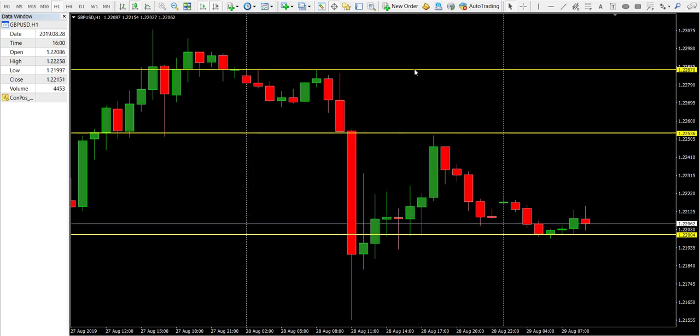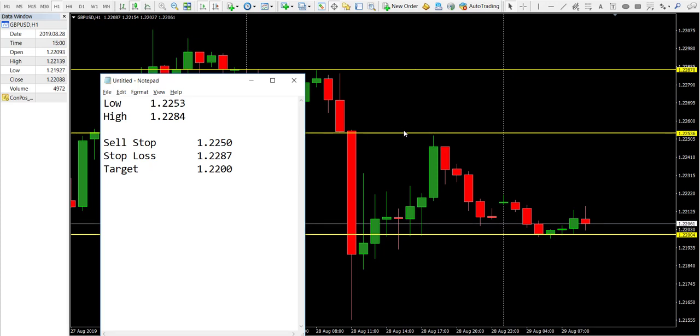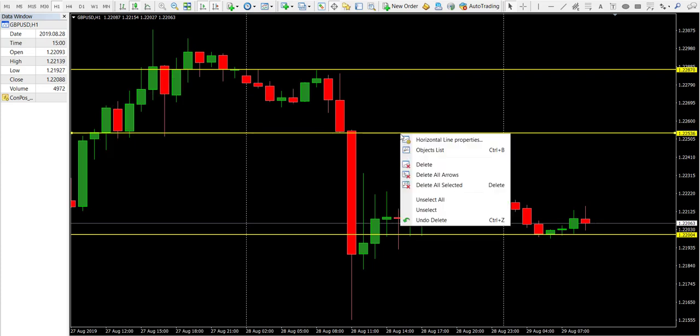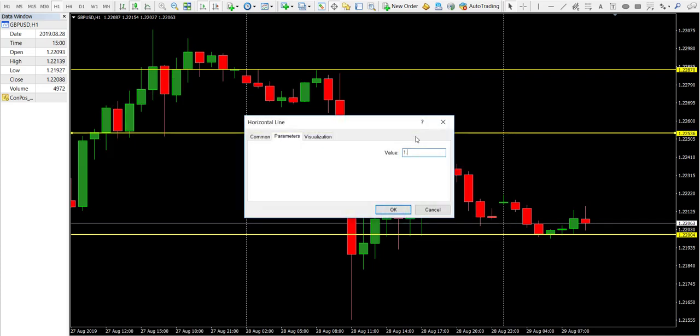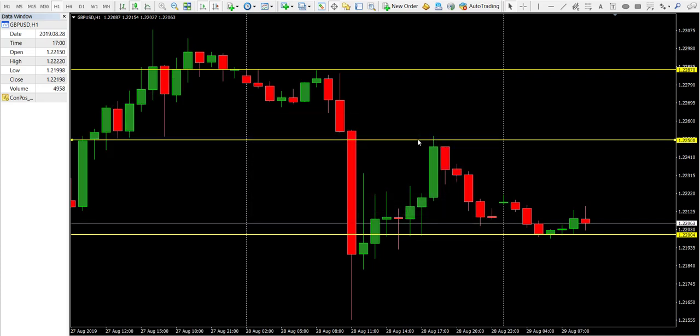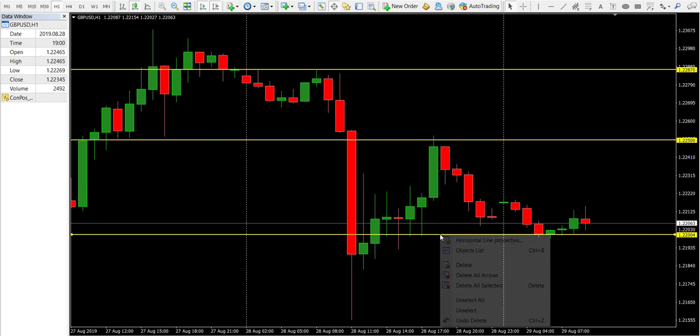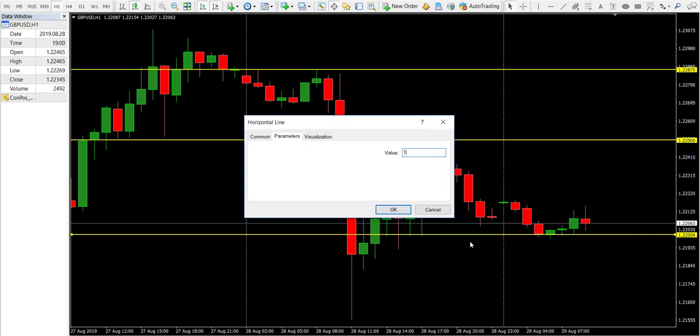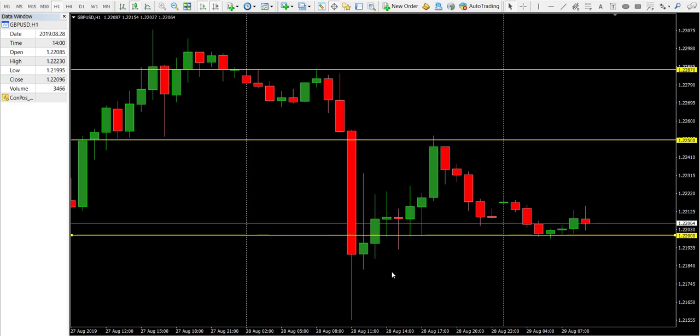So here's my stop loss, and the sell stop is 1.2250. Okay, and the target is 1.2200. So you can see the target was hit yesterday. We made our 50 pips.